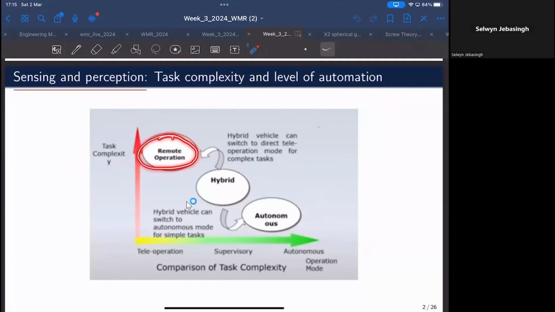So yeah, remote operation is mostly used for tasks that are highly complex. And the autonomous robots, maybe underwater robot or anything, wheeled robot, which has least task complexity, is also highly autonomous, but it is used for tasks having lower complexity.